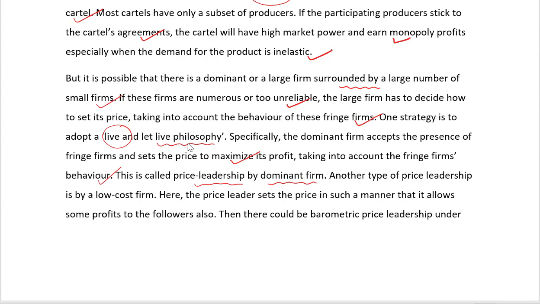Another type of price leadership is by low cost firms. Here, the price leader sets the price in such a manner that it allows some profits to the followers also.